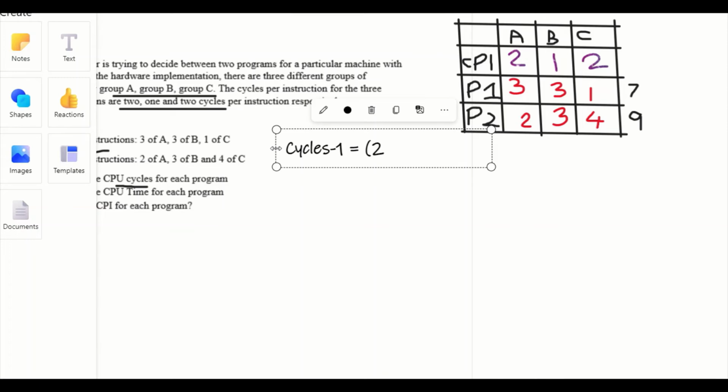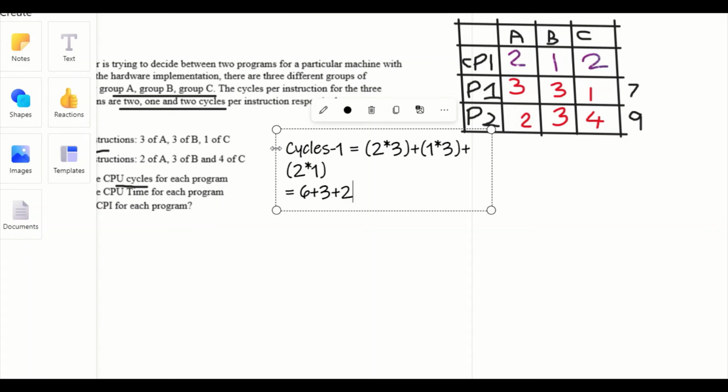First A type: CPI 2, count 3. Plus B type, 1 times 3. Plus C type, 2 times 1. Now calculate the multiplication and summation. 2 3s are 6, 1 3s are 3, 2 1s are 2, which is equivalent to 11 cycles.